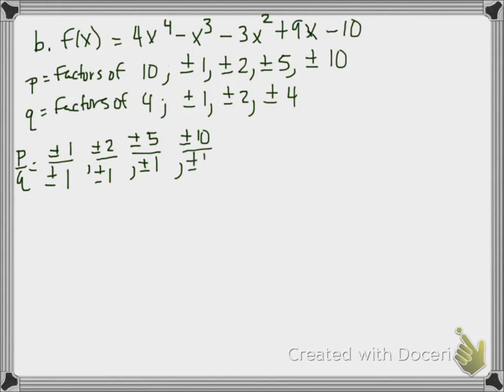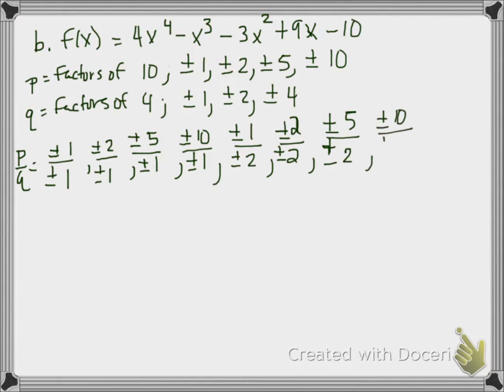Since your second Q is 2, now we have to put everything over 2. So plus and minus 1 over 2, plus and minus 2 over 2, plus and minus 5 over 2, plus and minus 10 over 2. Your third Q is 4, so we do that one also.